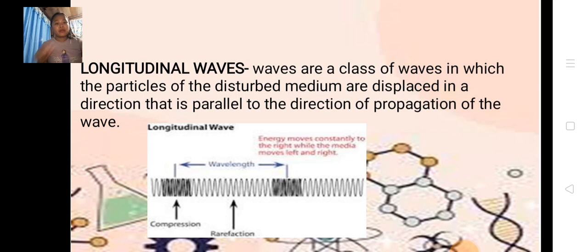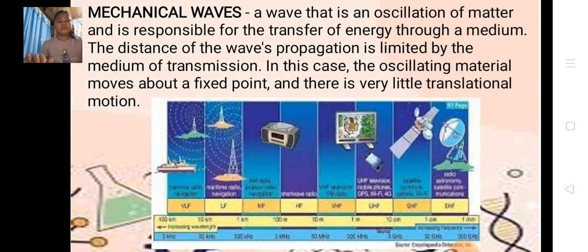Mao ni iyahang wavelength. Mao na ang iyahang example. Next is mechanical waves. A mechanical wave is an oscillation of matter responsible for the transfer of energy through a medium over a distance. Mao ni siya ang example sa mechanical waves.